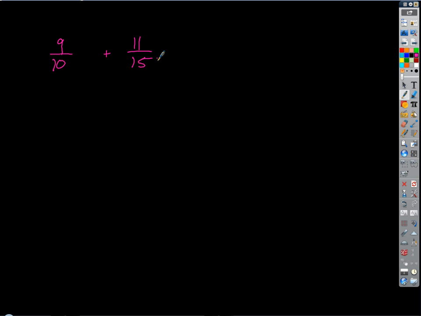Okay, what are the prime factors of 10? 2 and 5, okay? So that's going to split up into 2 times 5. What about the 15? 3 and 5. Okay, so then what is the smallest grouping of factors that would include both a 2 to the 1 and a 5 to the 1, and a 3 to the 1 and a 5 to the 1?